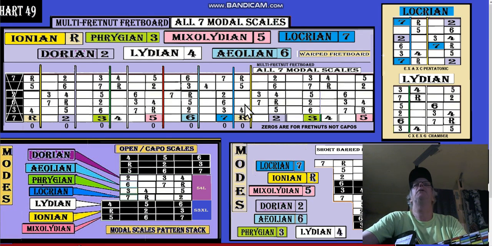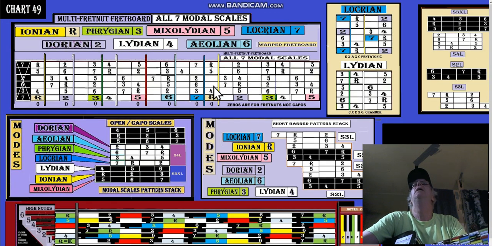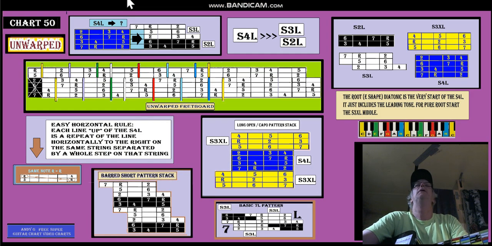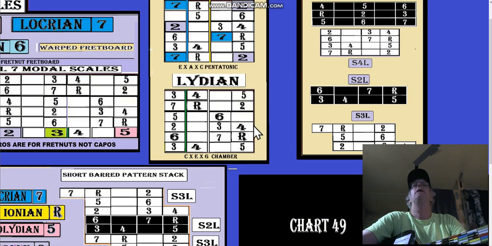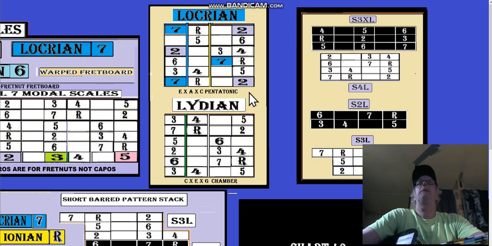Now, I think I wrote it down here somewhere. This is one of the charts from the other day. Oh no, that was chart 49. Oh, here it is. About the encapsulation: this E, A, C pentatonic means that Locrian is the C part.